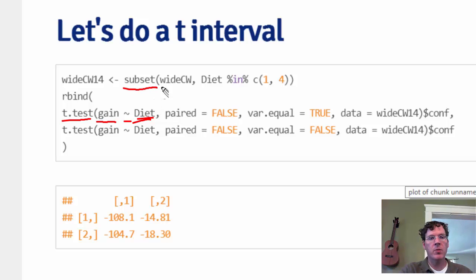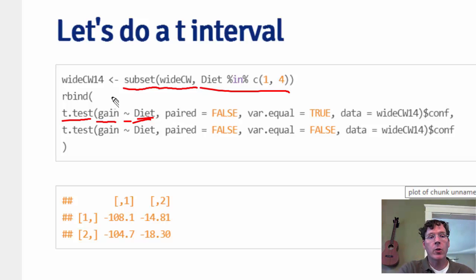So that's what this subset command does: I take only those records for which diet is 1 or 4, omitting diets 2 and 3. When you repeat this analysis on your own, you might want to compare 1 to 2, 1 to 3, 1 to 4, 2 to 3, 2 to 4, and 3 to 4, and do all possible comparisons. If you were to do that, you would also want to account for multiplicity, which later on in the inference class we're going to discuss how to do.